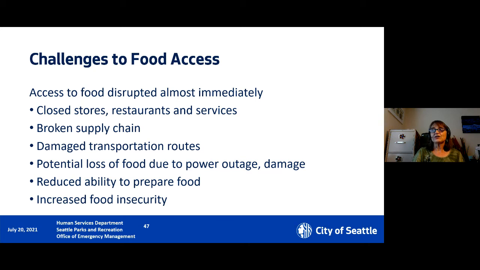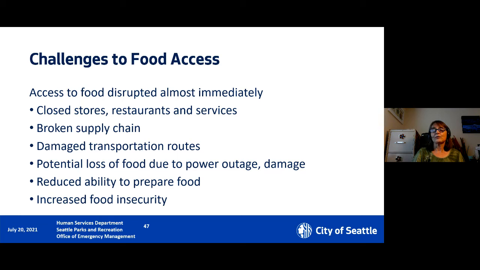There'll be potential loss of food, both within commercial establishments and in our own homes due to power outages and damage to buildings. There'll be reduced ability to prepare food and increased food insecurity.